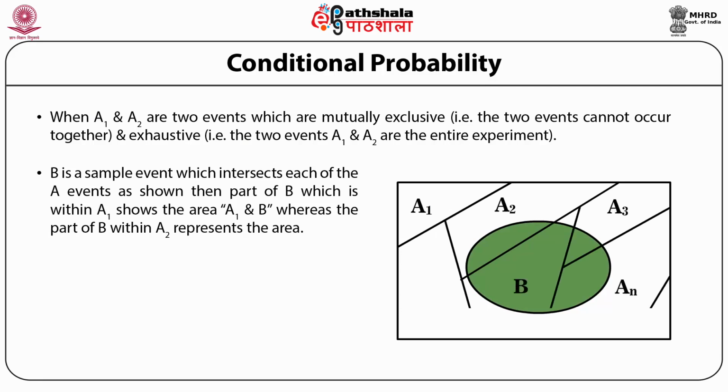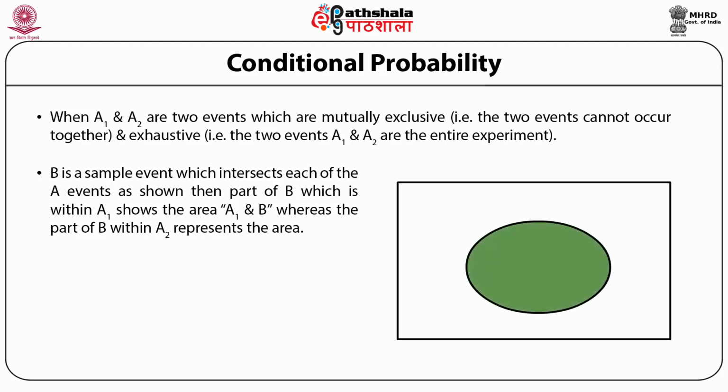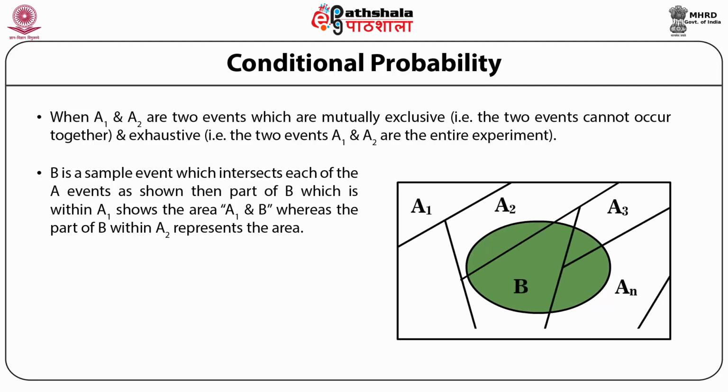The part of B which is within A1 shows the area A1 and B, whereas the part of B within A2 represents the area A2 and B. So if we see in the figure, event B can occur in combination with A1, A2, A3 and so on up to An. This is the base of Bayes theorem.